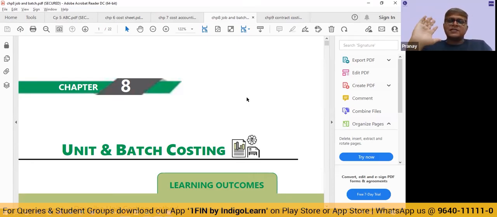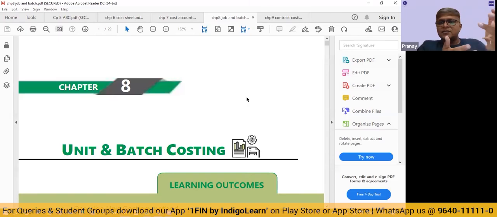There can be circumstances, for example, pharma industry, where they make units in a batch. It is not possible for them to make only one Dolo 650. If they have to make Dolo 650 tablets, they have to do a certain quantity, maybe let's say 10,000 or 1 lakh units or 2 lakh units. So they have to produce only in batch, where production is not in unit.